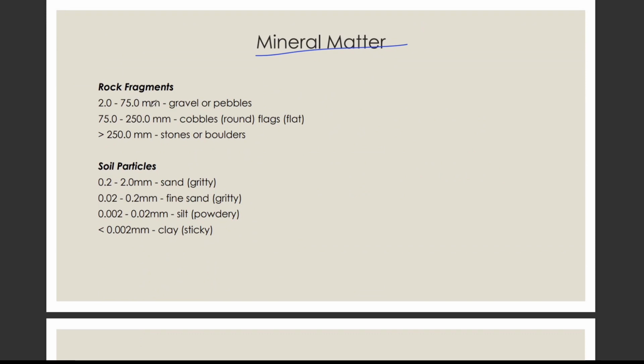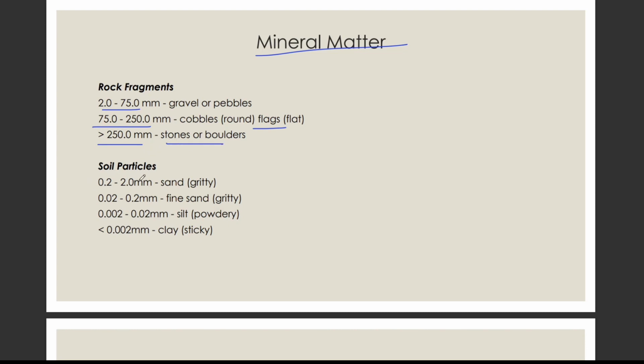Mineral fragments that are 2.0 to 75 millimeter are known as gravels. This is the size given for gravels and pebbles, and other rock fragments like cobbles, which are around 75 to 250 millimeter. If the size is more than 250 millimeter, then it will be called stones or boulders.